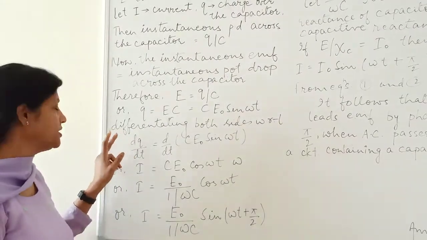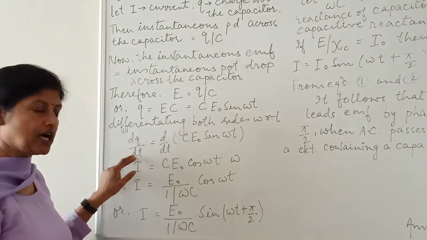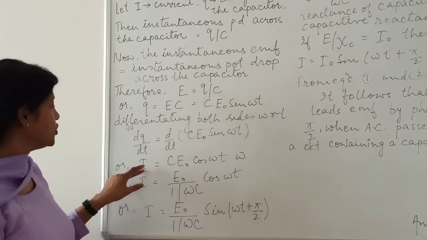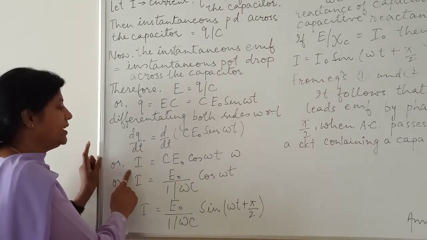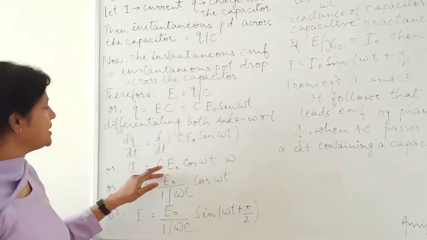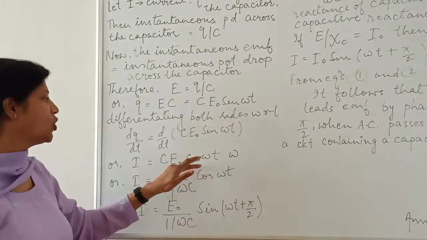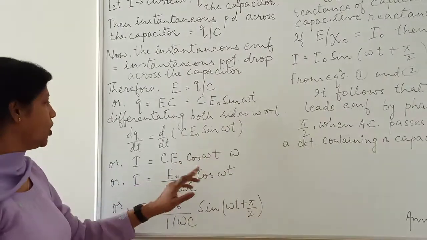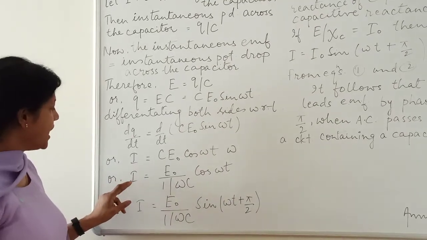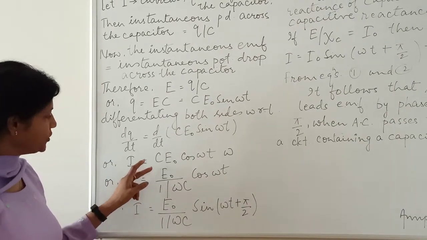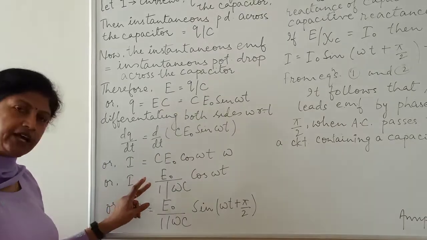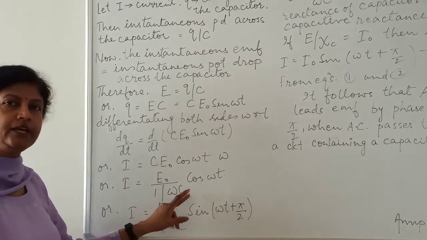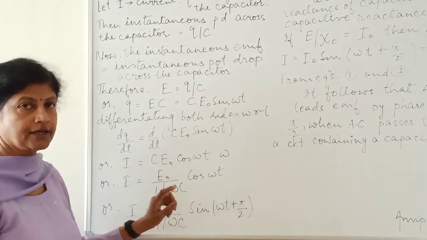Differentiation of charge with respect to time is current I. So we can write I is equal to C E naught cos omega t into omega, or we can write I is equal to E naught divided by 1 upon omega C, cos omega t.